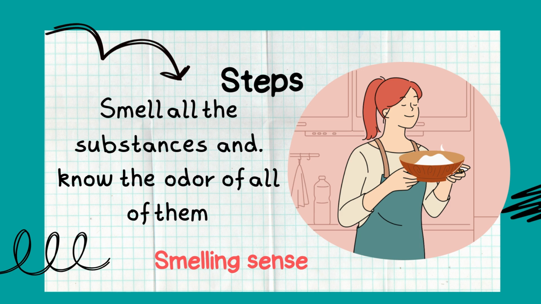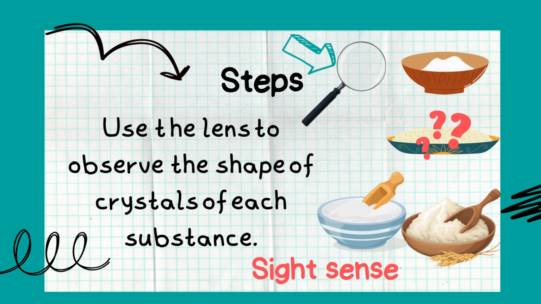But we cannot smell or taste just any substance because we don't know what it is. Maybe it is poison. So here, by smelling, we can know some properties of the substances. So we use the 5 senses to examine those substances. Also by lens, we can use the lens to see the crystals and the particles of the substances.